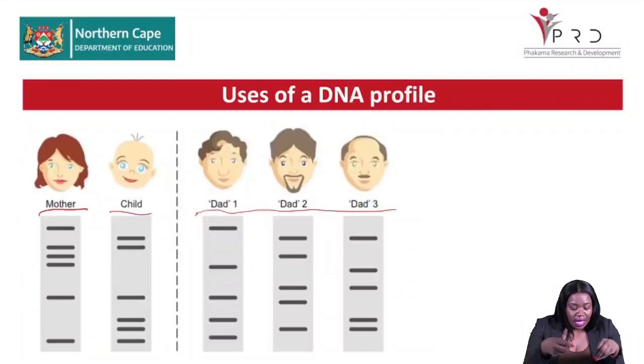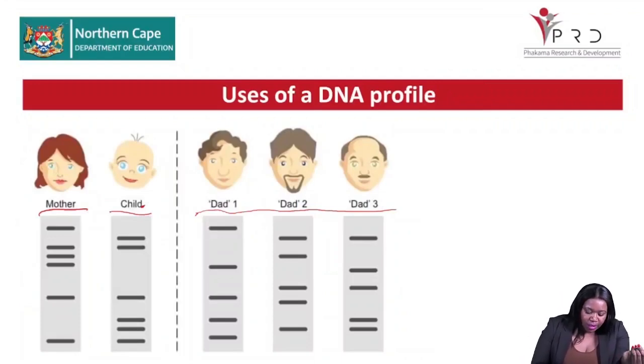So it means that the DNA that we see on the DNA profile of this child is a combination of the DNA of the mother and the DNA of the father, meaning that before we even compare the fathers, we need to first compare this profile with that of the mother, so that whatever bands match with the mother are going to be excluded when we match with the father, because this DNA profile needs to contain DNA from the mother and DNA from the father. So we are going to start by comparing the child and the mother.